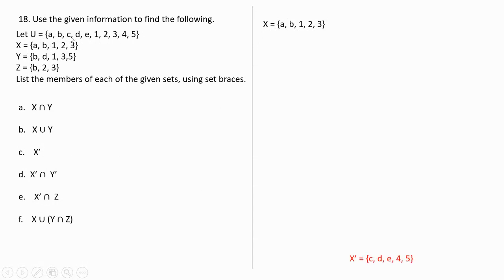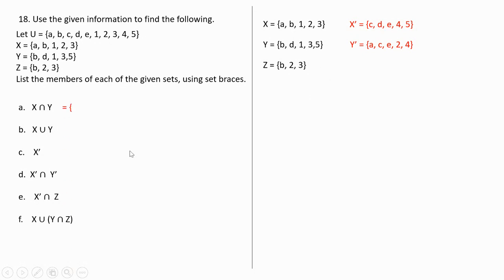So what's left? C is left, D is left, E is left, and the 4 and the 5 are left. So that's X not, or X complement. Now Y is B, D, 1, 3, 5, and not Y in the same manner will be A, C, E, 2, 4. Since we don't have to find not Z, we don't find the complement of Z.